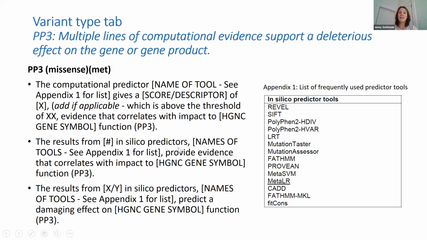So we did give various options for each of those approaches, just hoping to be as helpful as possible to different expert panels. And then we also provided an appendix of frequently used predictor tools, just so that's available for folks as well, and also to help with providing consistency for naming these tools.